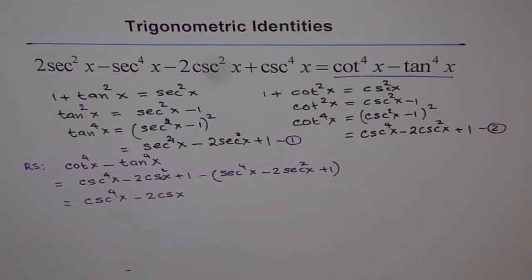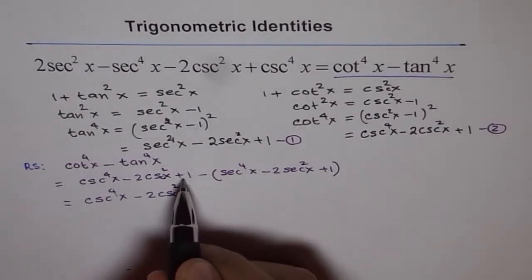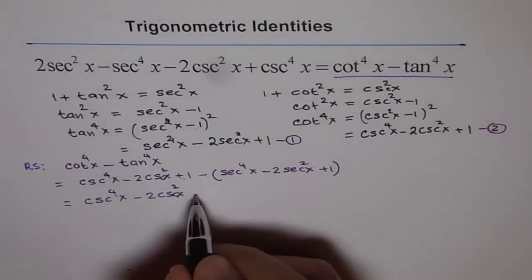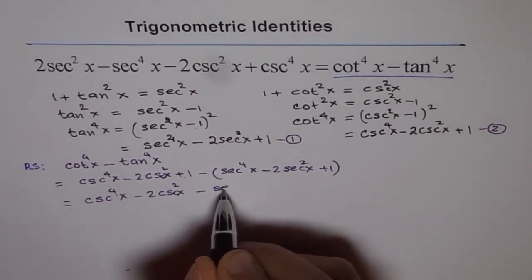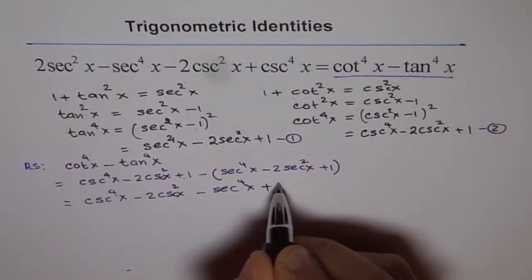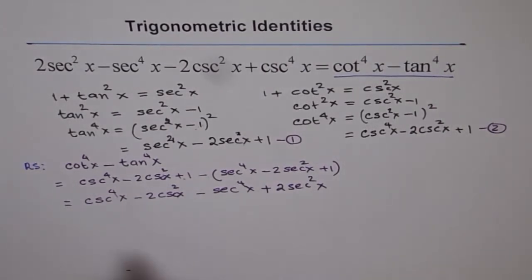And now let me use this pen. So cosecant square x, and plus 1 minus 1 will cancel out. So when we open the bracket, we get minus secant to the power of 4x, and minus minus becomes plus 2 secant square x. So we get these 4 terms.